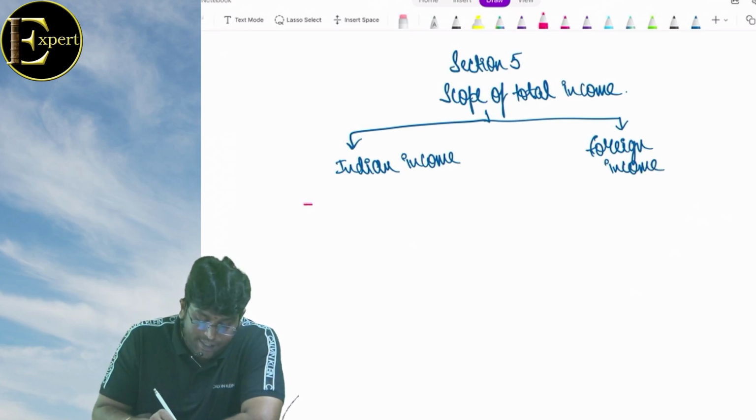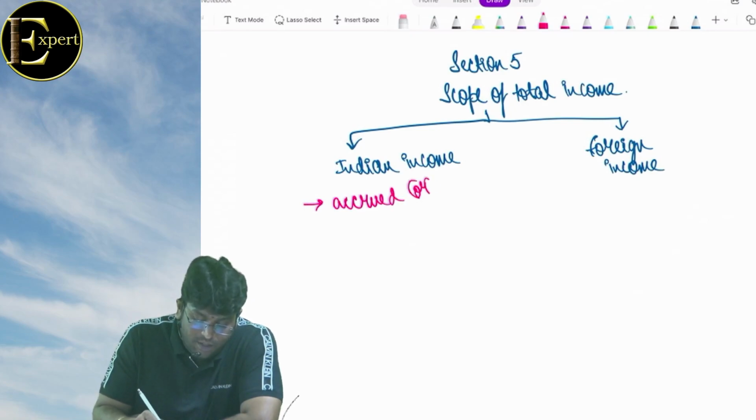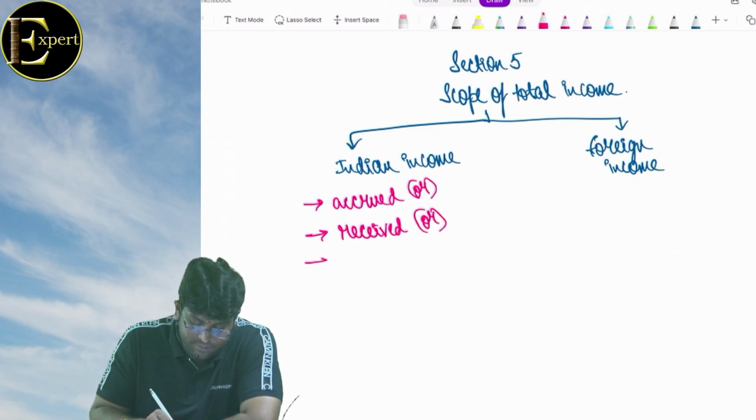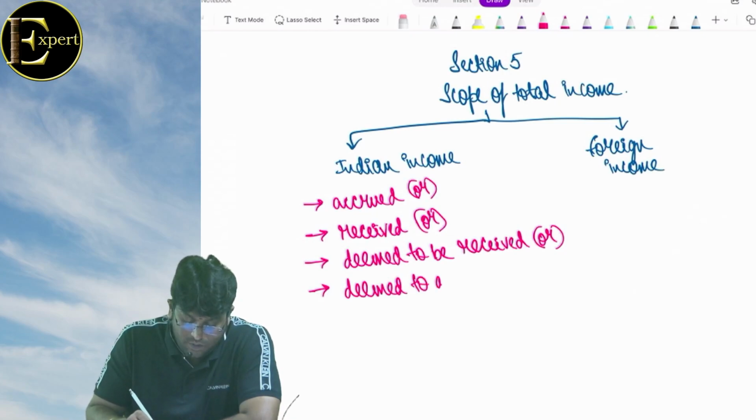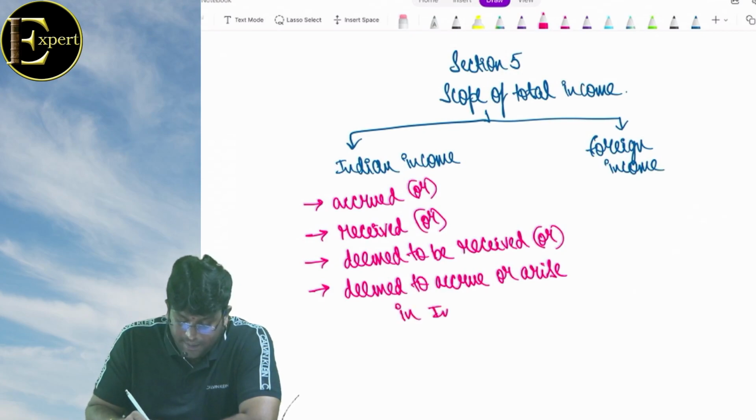Now, what is Indian income? Indian income is the one which is accrued or received or deemed to be received or deemed to accrue or arise in India.